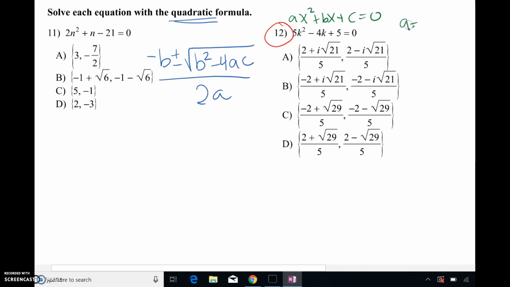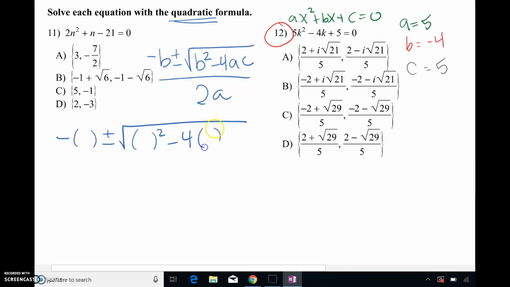So it should be fairly easy to identify this. What's a? 5, good. What's b? -4. What's c? 5? Okay. So into my formula over here, I always rewrite it with parentheses. So I have negative b plus or minus the square root of b squared minus 4ac all over 2a.